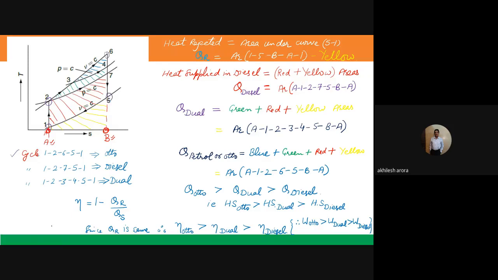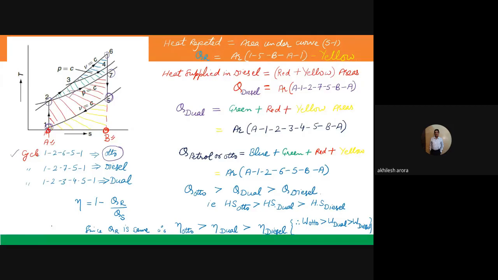It is 1 2. So 1 2 you already know, and then I am following 2 to 7. So it is 2 7 5 1. Okay, this is the diesel cycle. And similarly, dual cycle stands for 1 2 6 7 5 1. Okay, so these are the cycles actually.